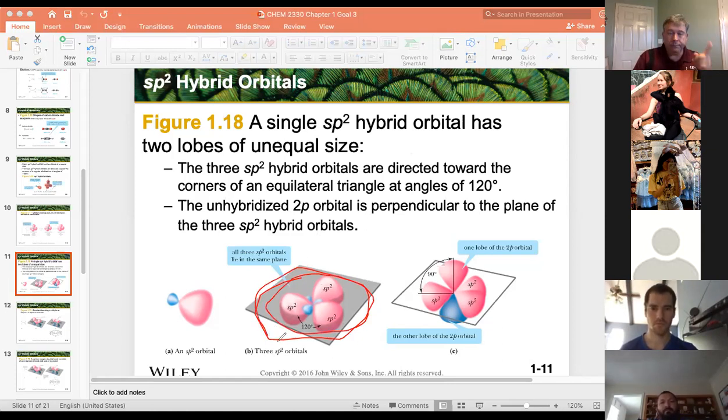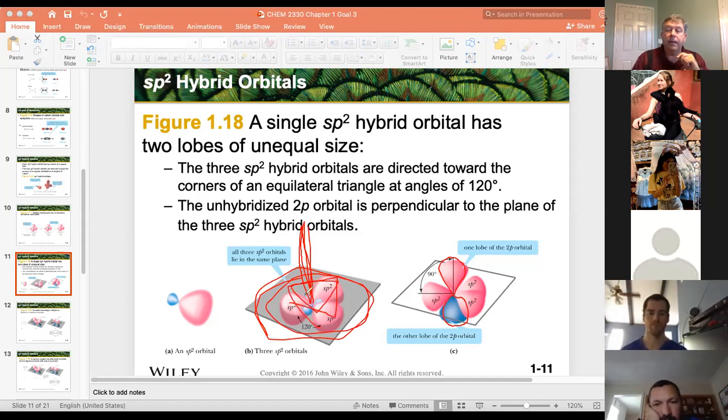But remember, when we do that, we still have a p left over, okay? And that means that p is gonna come out in this z axis. It's coming straight out of this plane and below this plane. And that's what this represents here. This represents that unhybridized p orbital evenly distributed above and below the plane created by these 3 hybridized orbitals, okay?